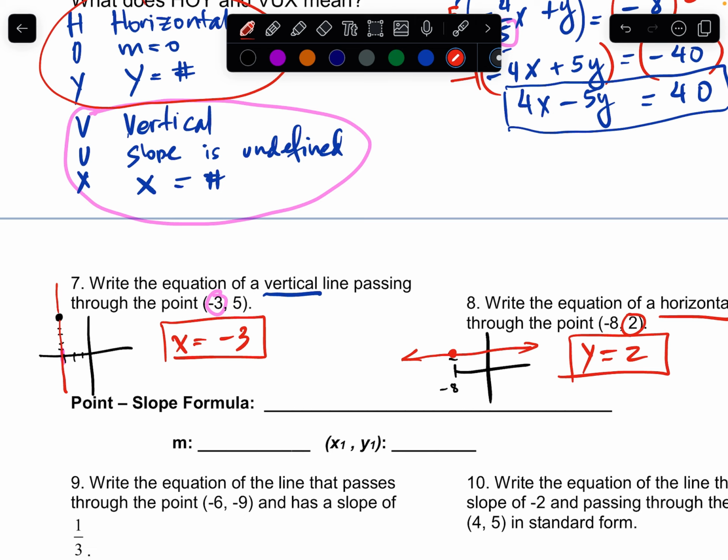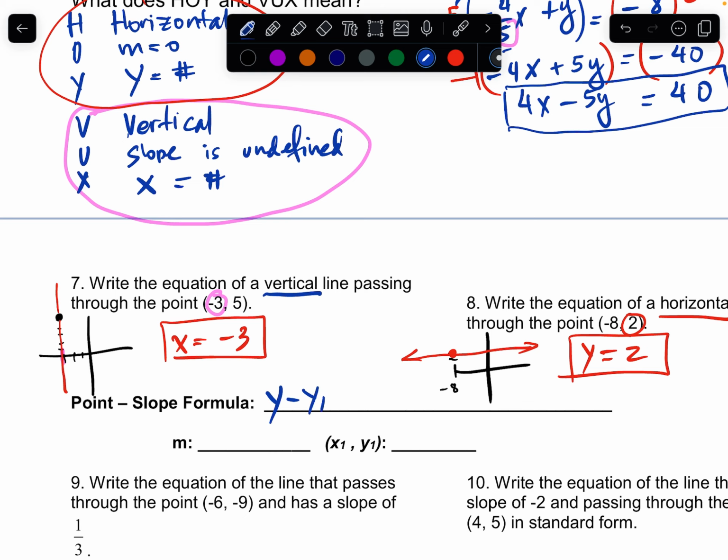All right, point slope formula. The point slope formula is a little different. Let me change my ink.